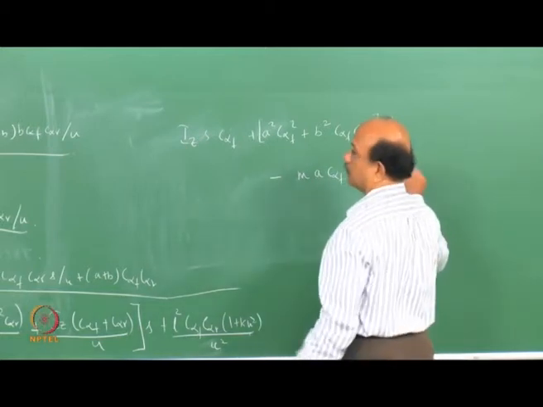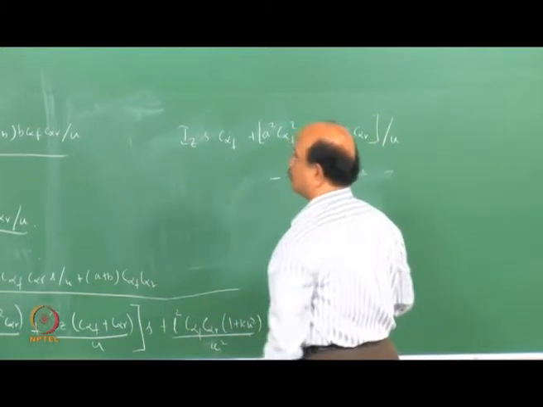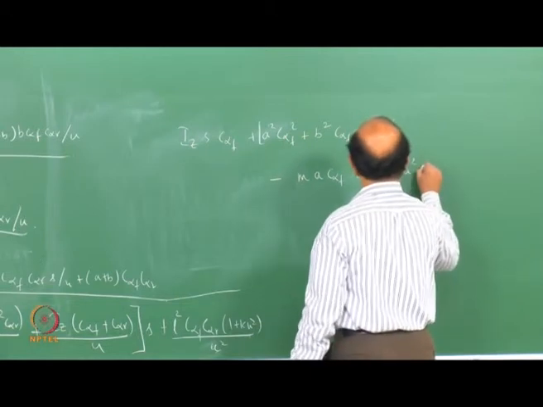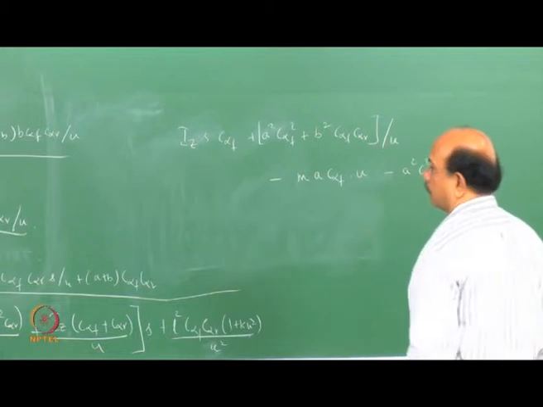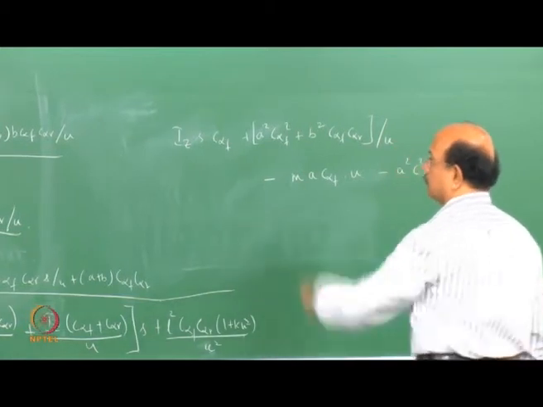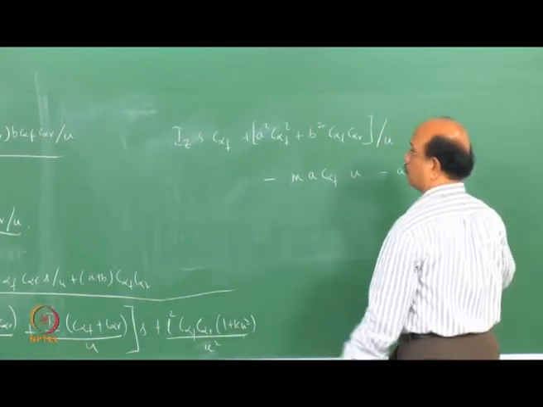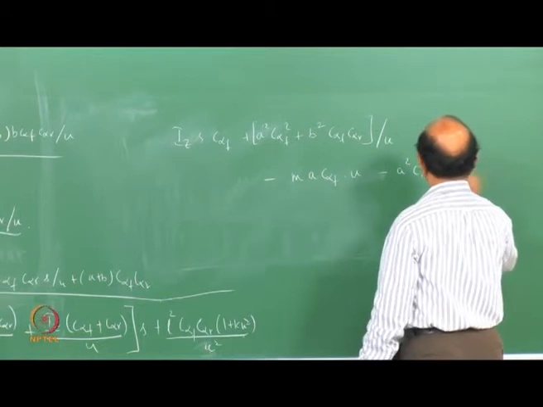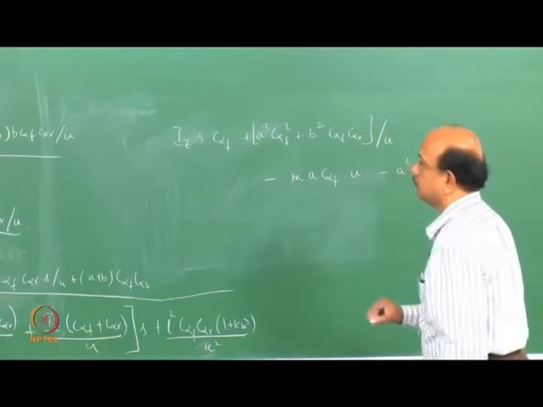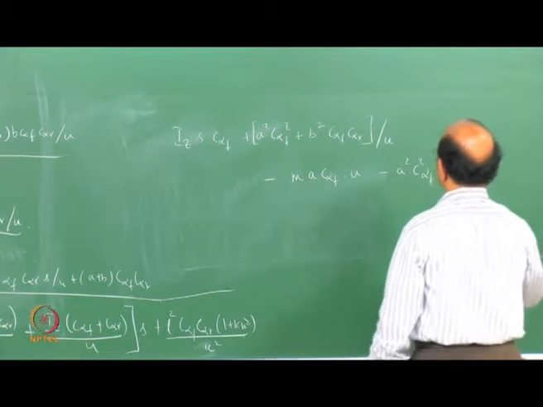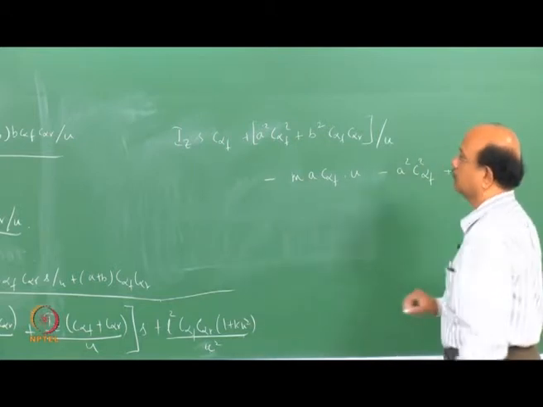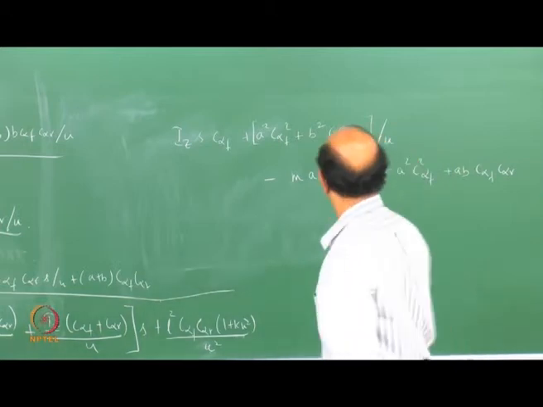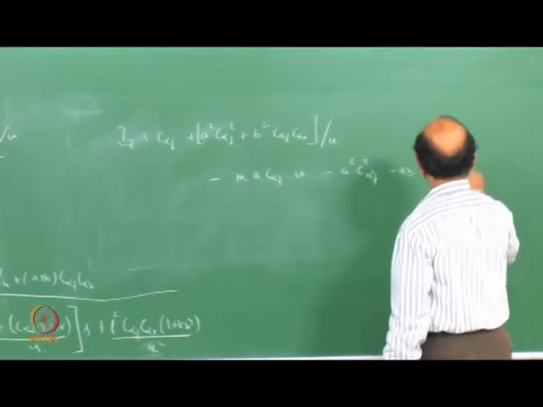minus a squared C squared alpha f, so plus a b C alpha f C alpha r divided by u.